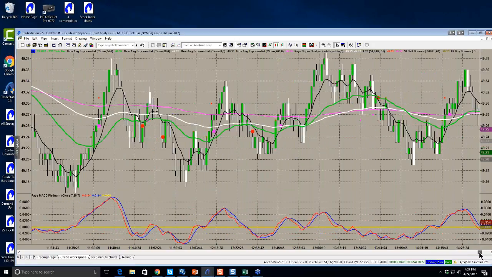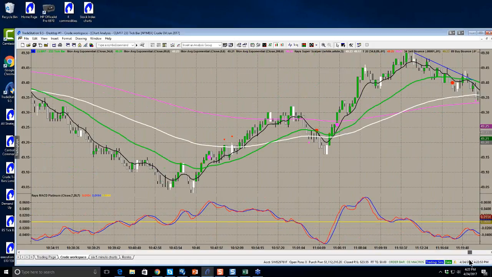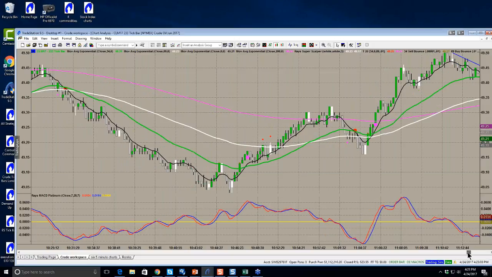Now, as we're discussing this, I'm showing you, at this particular time, more of the tick chart. I will tell you right now, a 233 tick chart in crude oil is extremely fast. You may look for a trade.